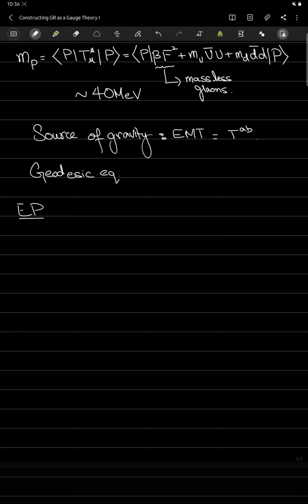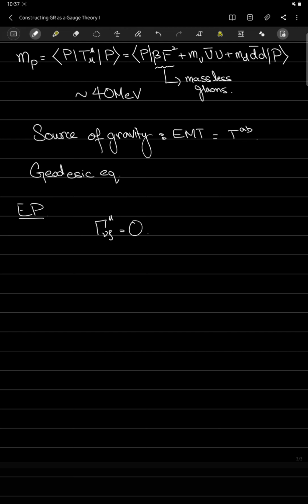Mathematically, all this means is that the Levi-Civita or Christoffel symbols would vanish, so Γ^μ_ρσ is equal to 0. Particularly from the equivalence principle, it follows that light must be bent by gravity in exactly the same manner as it is bent in accelerating frames.